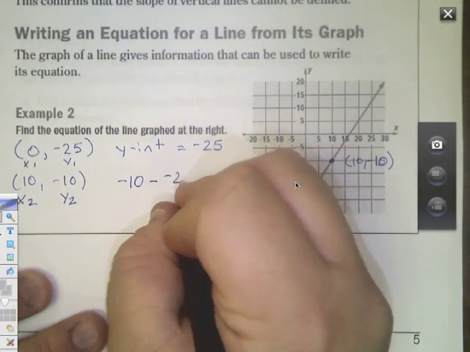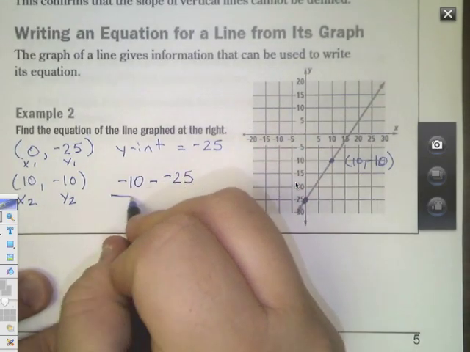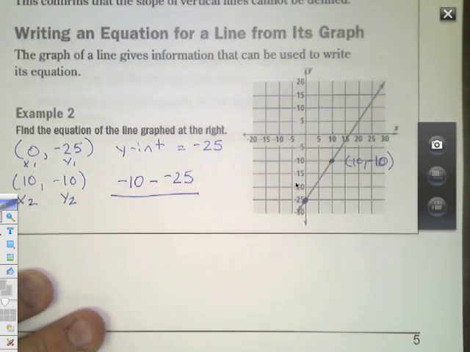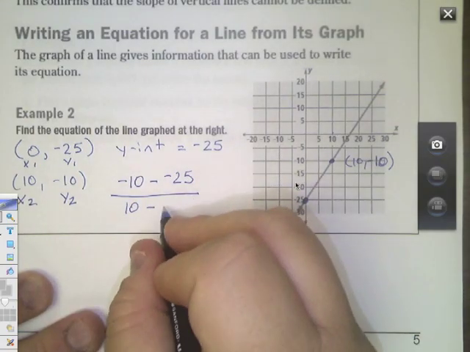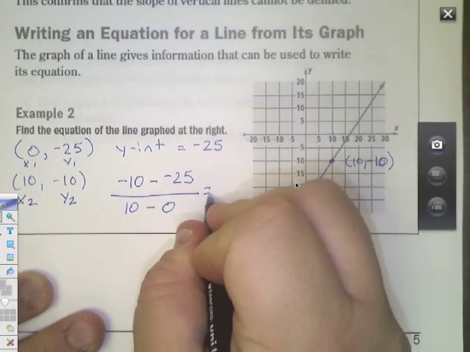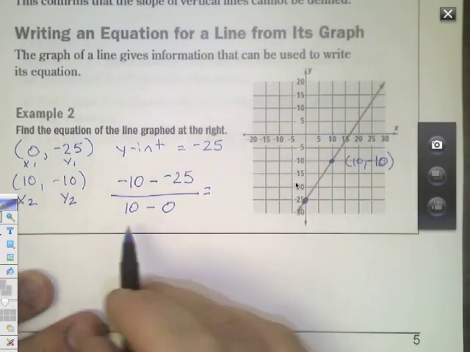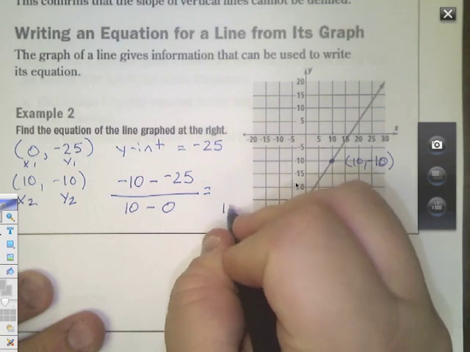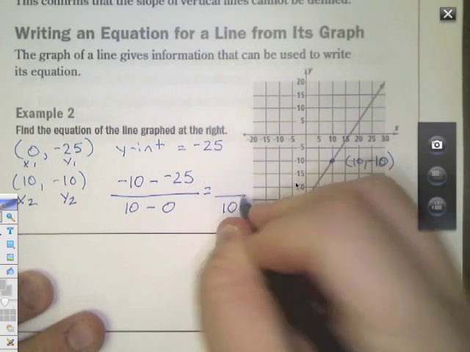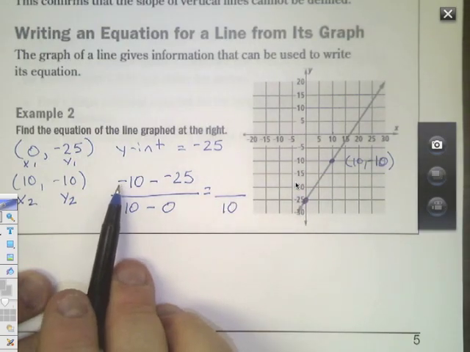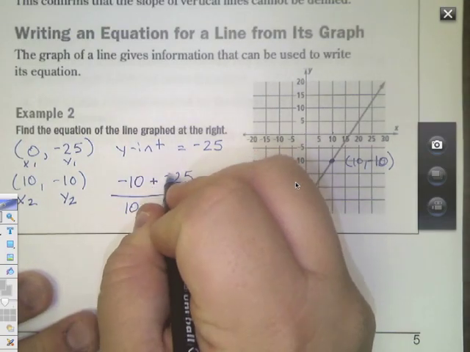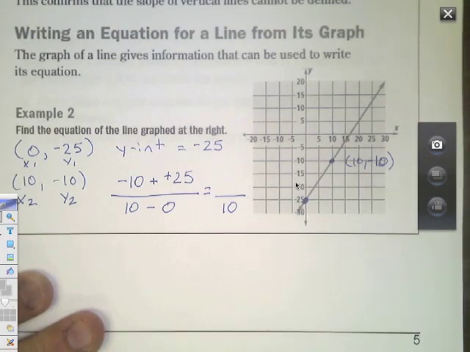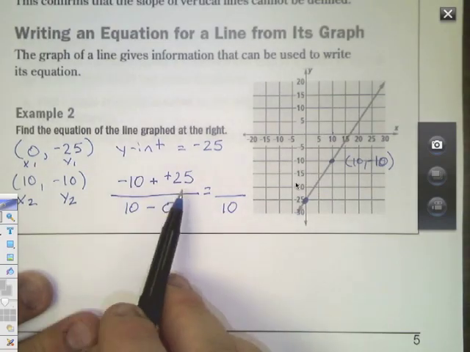So, slope is y2, which is -10, minus y1, which is -25, divided by x2, which is 10, minus x1, which is 0. Well, 10 minus 0 is 10. -10 minus -25.